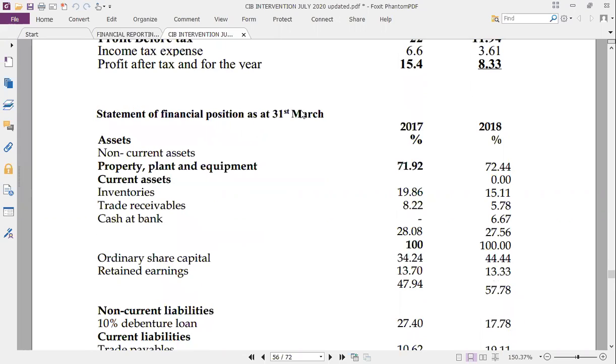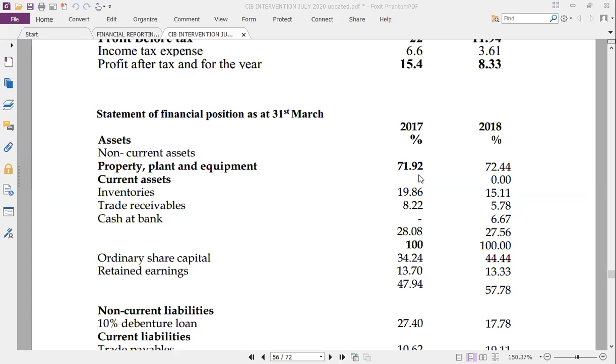So 2017, 2018. Great. So that one we start. If it's 2 years, that's where we normally compare the movement, changes in this value. So here, it has increased slightly from 71.92% to 72.4%.